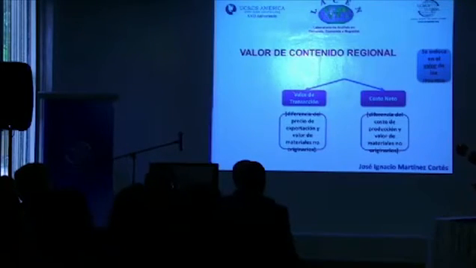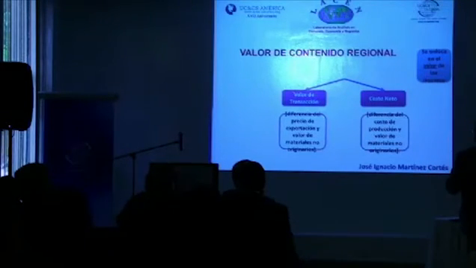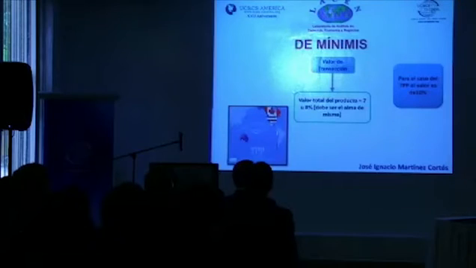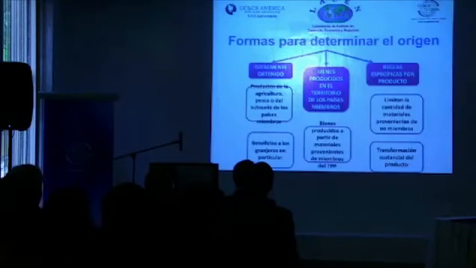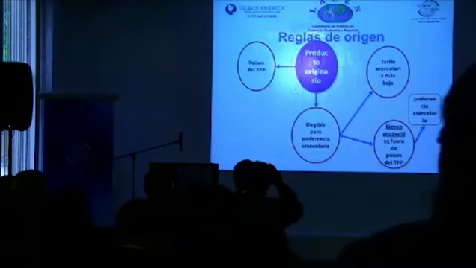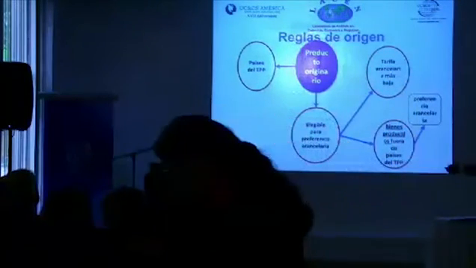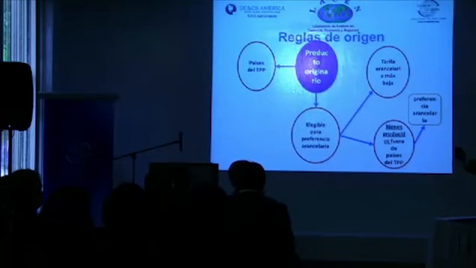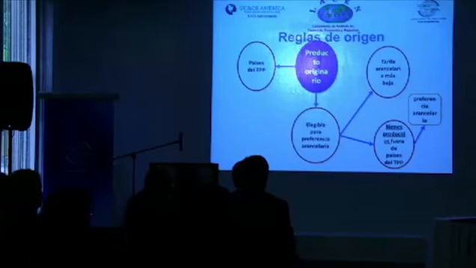The original content value method. You know the formulas better than me. This is the original content, the transaction value, and the net cost. How I represent this through an accounting part. How is this translated in TPP?